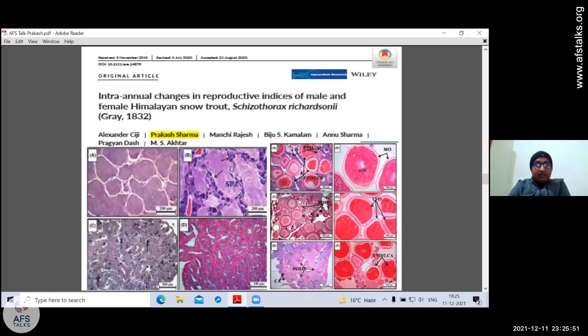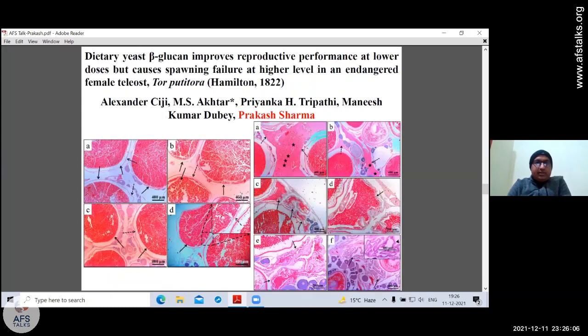And on another species, we worked on the annual seasonal changes in the reproductive gonadal status of the snow trout. And then very recently, we got an opportunity to see how beta glucan is affecting the reproductive performance of the fish.